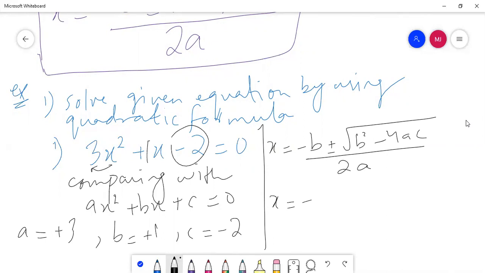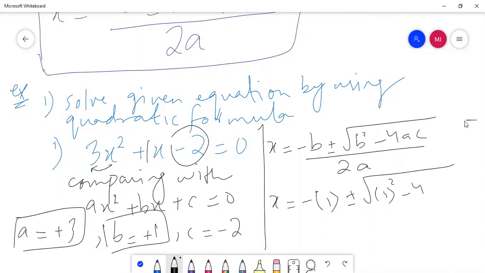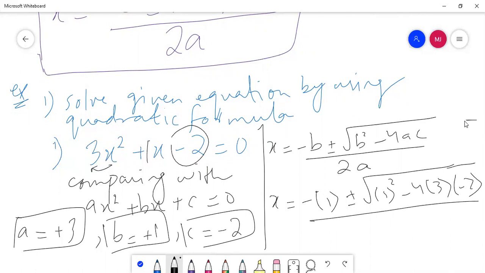Minus of b, b is plus 1, plus minus square root b square, b is again plus 1, square minus 4a, a is plus 3, and c is minus 2, upon 2a. 2 and a is again plus 3.